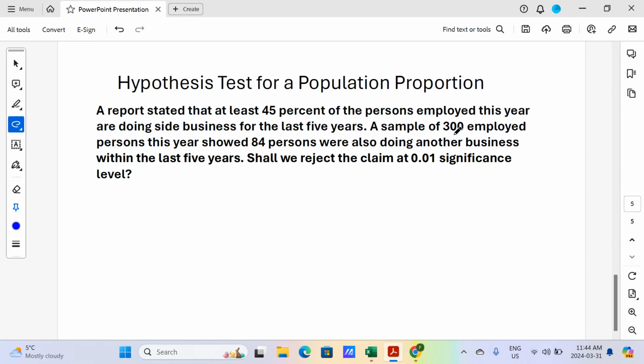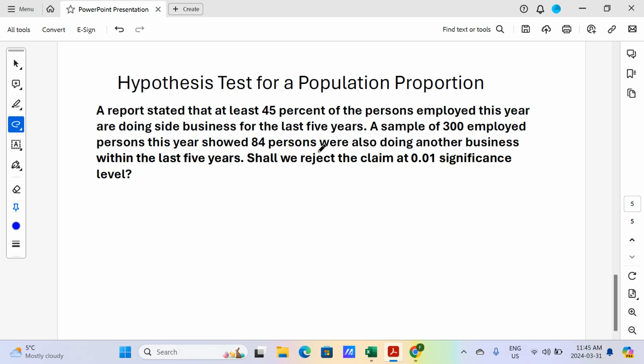For each trial, we always have two possible outcomes, success or failure. What is a success in this question? If the employed persons are doing another business within the last 5 years, that's a success. Otherwise, that would be a failure.